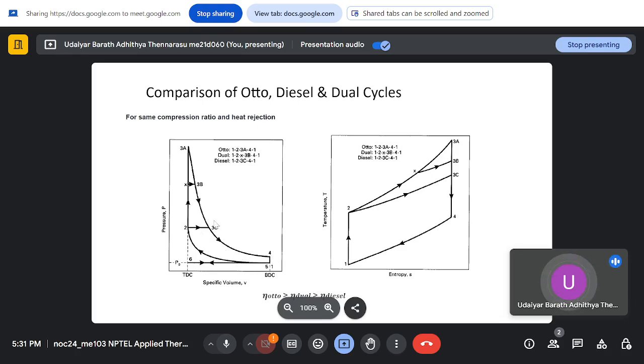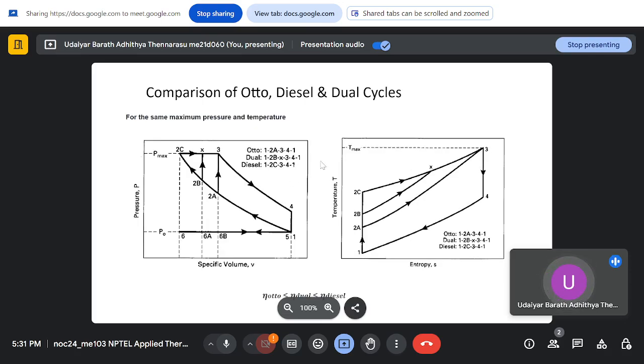So this is how the process looks. So 1, 2, 3C is your diesel cycle, then X3B is your dual, and 3A 4 1 is your Otto. So Otto has more work, so your efficiency of Otto cycle is more, then dual, and then the diesel cycle.